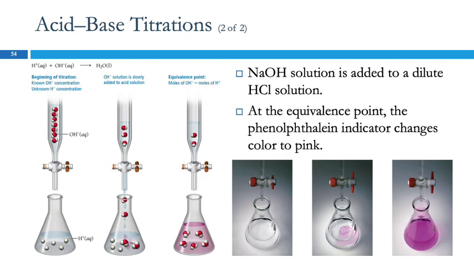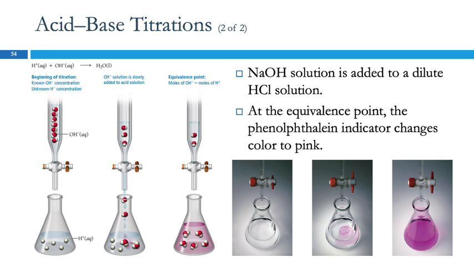Pictures. So here we have the base in the burette, which is typical. And here's an Erlenmeyer flask. This should look a little familiar from that titration apparatus that you drew a picture of. We've got the acid in the flask, and the base up there. We're going to add the base to the acid, and the hydroxide ions from the base react with the hydrogen ions of the acid and form water molecules.